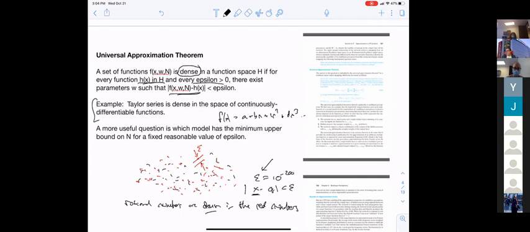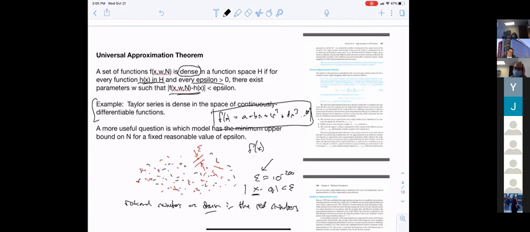So the Taylor series, or what we call a set of analytic functions, is dense in the space of continuously differentiable functions, which is good for any finite Taylor series. The other way to think about that is that the set of functions with finite Taylor series is dense in the set of functions with infinite Taylor series. Because I can take any function of x and write a Taylor expansion going out to infinity.